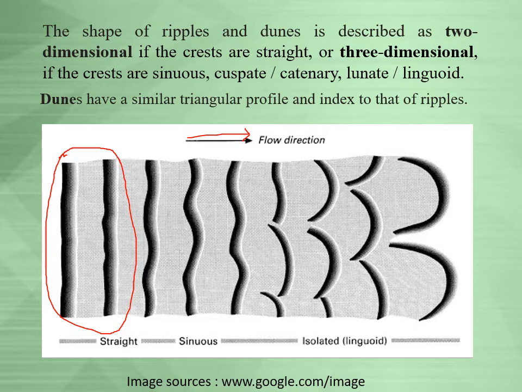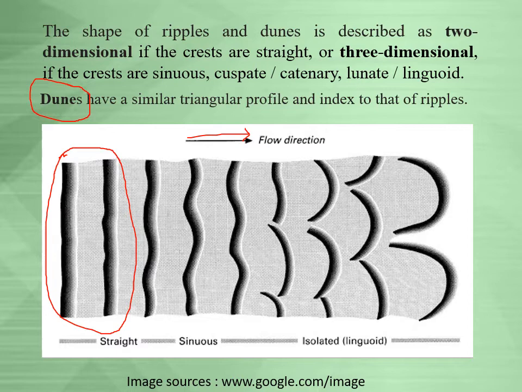is high. Now, often you have heard a similar terminology like ripple, that is called dunes. Similar forms like the ripple marks, but larger in dimension. Basically, ripple marks are a millimeter to few millimeters to few centimeters in dimension. In contrast, the dunes are in meter scale.